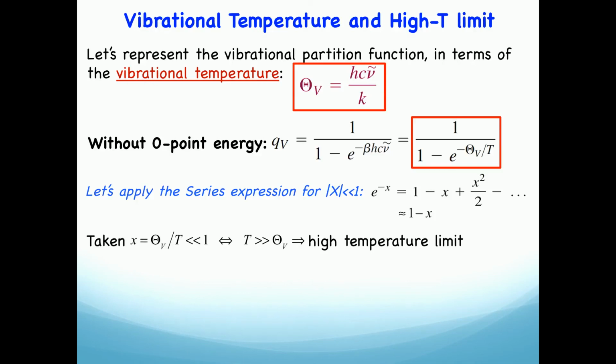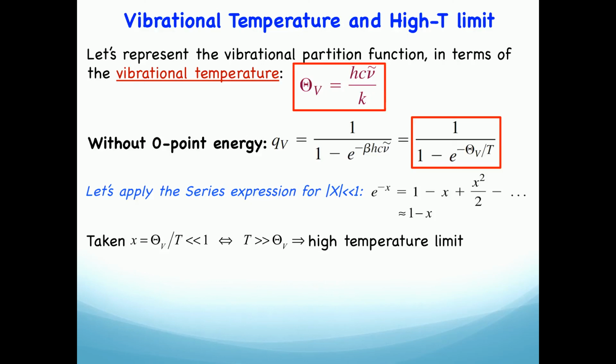So again, this is our expansion, which can be represented as one, if each of these terms becomes smaller and smaller, right? So only the first two would really be contributing if temperature is very high, which means theta over T is a very small value, right? T is very high, much higher than theta. So really only the first two would be important. The other ones will give you very, very small corrections.